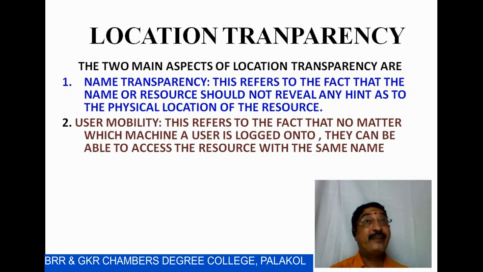The name should not give any details about which resource the details are extracted from. If anybody uses the name, they should not be able to get the details of the physical location from where the data is available. Those details must not be extracted with the help of the name. That is called name transparency.